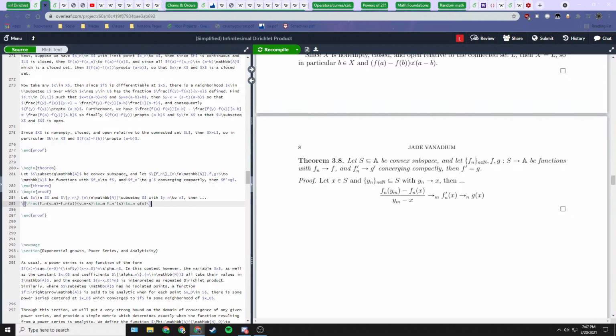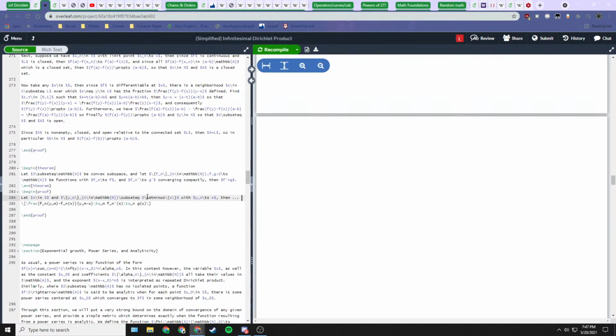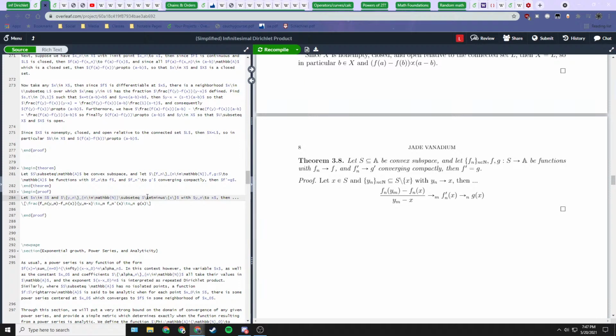Okay, so subset S without the point x. So we have this sequence of points, they're tending to x, they're never equaling x.